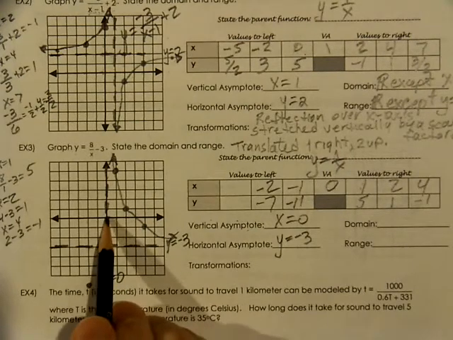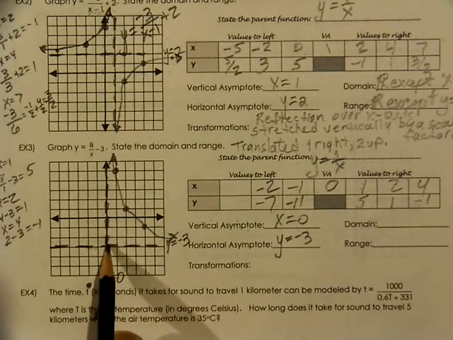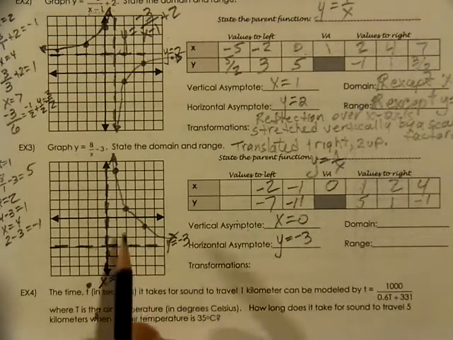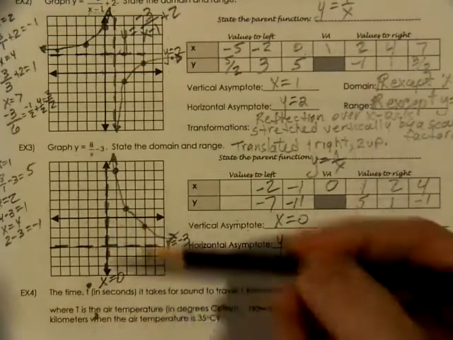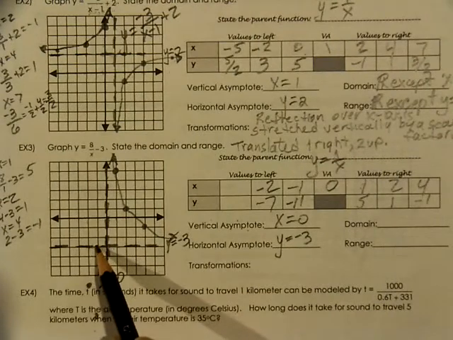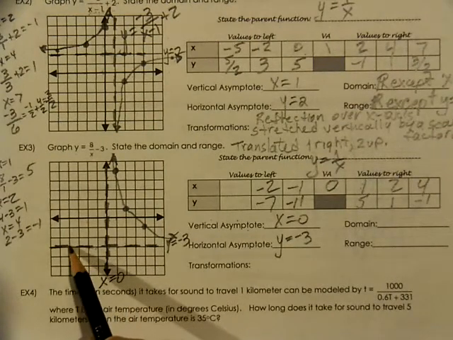And then our last point was from the asymptotes. That's where we want to go from. We slid to the right 4, and from the asymptote we went up 2. So we have to slide to the left 4 and down 2.